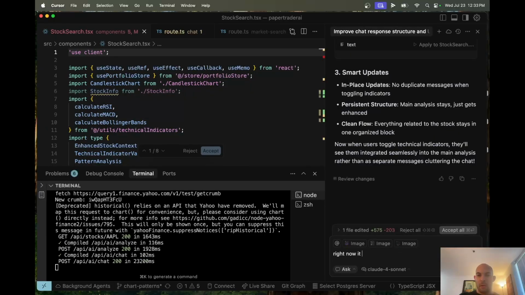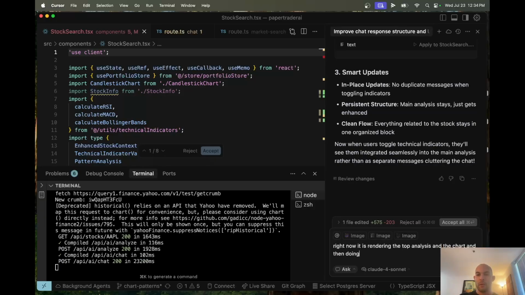Right now, it is rendering the top analysis and the chart, and then doing a post analyzing for the technical indicators.